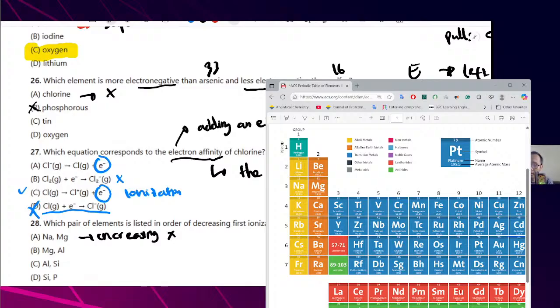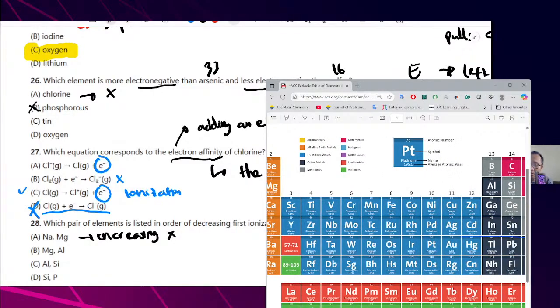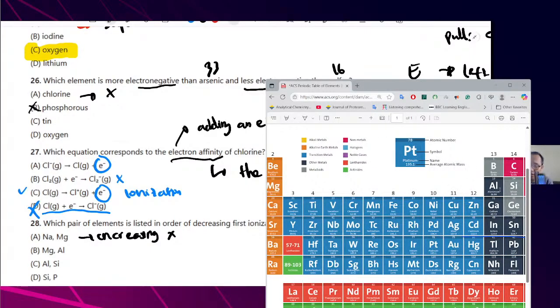Aluminum is number 13, which means going from Mg to Al. Mg is left of Al, but due to electron configuration, Mg has slightly higher IE. This one is actually correct.